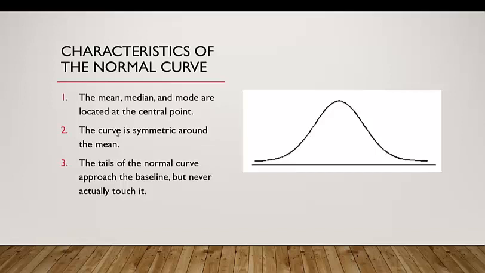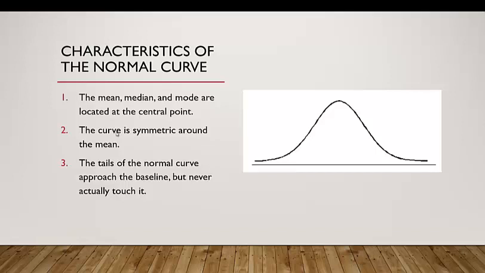Okay, so characteristics then of our normal curve. These are important to remember. The mean, median, and mode are located at the central point. So when we talk about IQ scores being a mean of 100 and a standard deviation of 15, we're putting IQ scores on the normal curve. So we're saying the mean, median, and mode are located in the middle of the curve. The curve is symmetric around the mean.